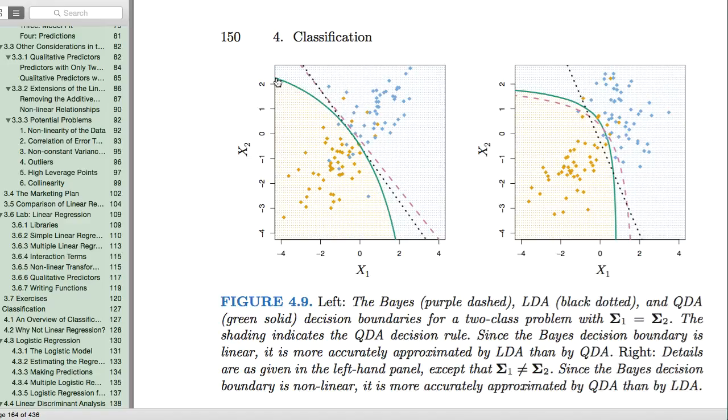Quadratic discriminant analysis is more flexible. It can adjust to this more complex curve, unlike linear discriminant analysis, which is stuck with straight lines. So it does a much better job.